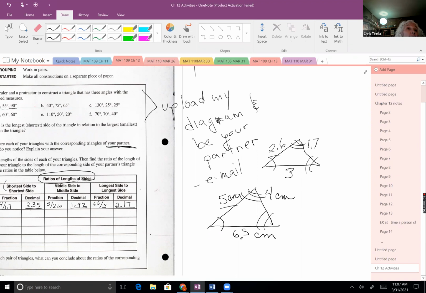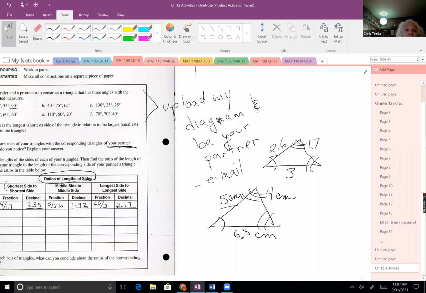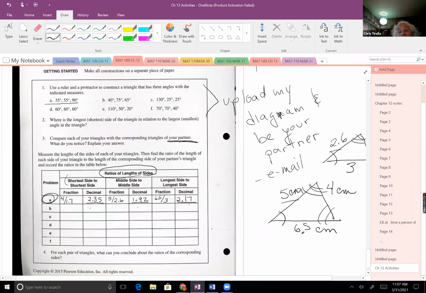So you might be off by a little bit measuring an angle, but they should be pretty close to accurate. Also, when you're using that metric ruler, it's a function of your eyesight. What I see as 2.6, somebody else might have seen as 2.5 or 2.7. So there is a little bit of error here, but because the triangles are supposed to be similar, those ratios should all turn out to be equal or approximately equal.